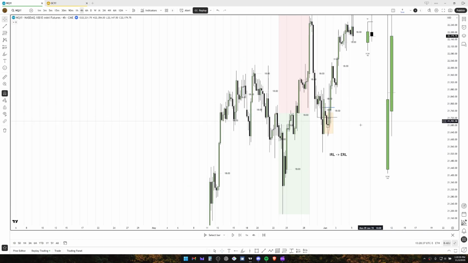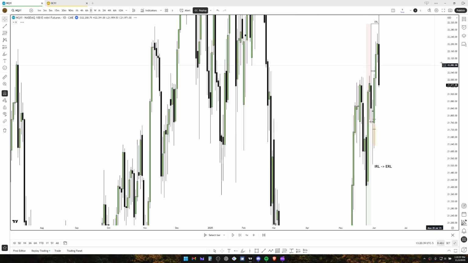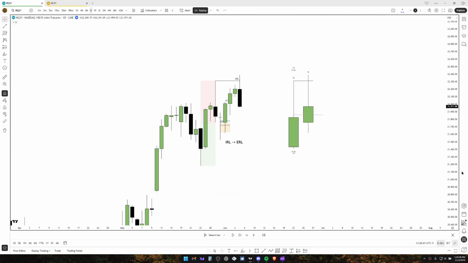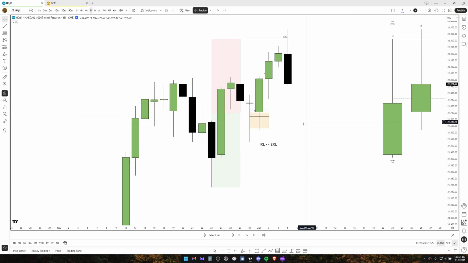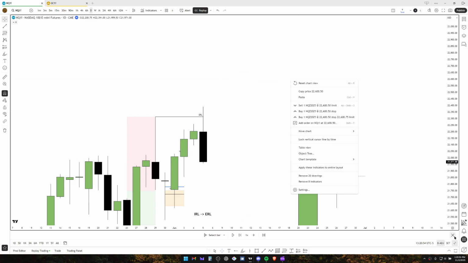So coming back to where we're looking at today, it's the same logic. We're framing a swing, we're coming back inside, internal, and then I would want to see external. Same thing today.